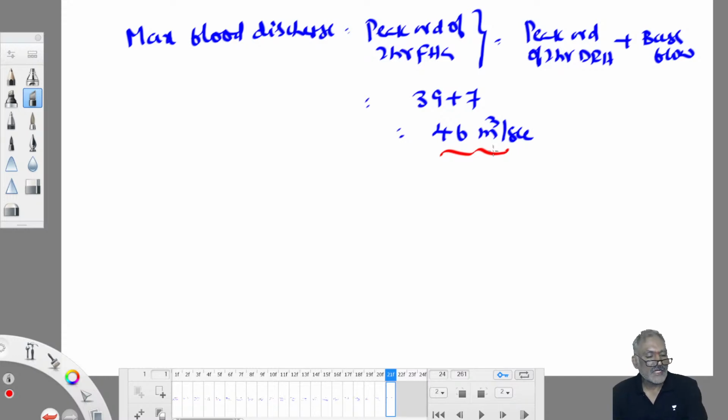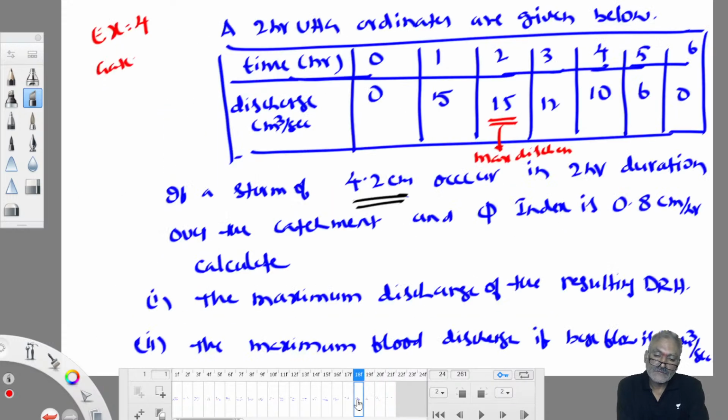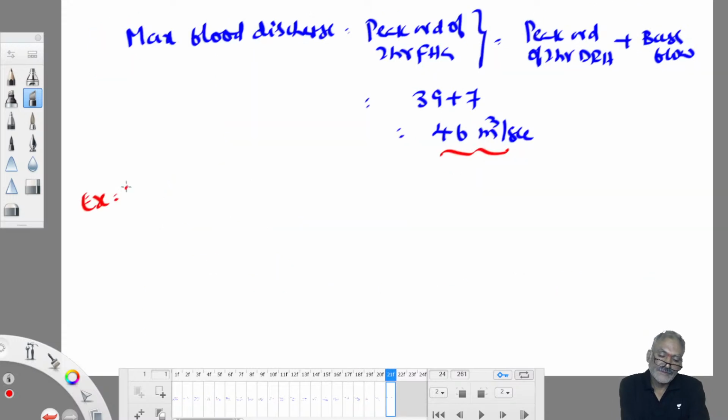Now one more good question let me solve. This is also given in the GATE exam. Example 5.